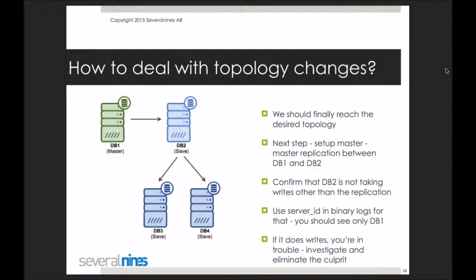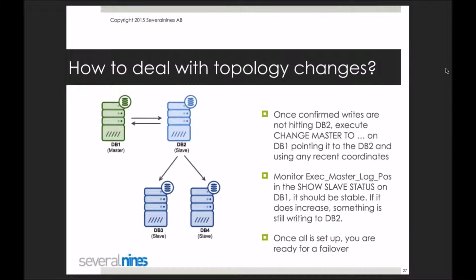So again, we have to confirm that there are no writes hitting DB2, and then we need to set up the replication. We need to check the binary log and that the server ID is correct, and all this stuff is required to finally promote DB2 as a new master.